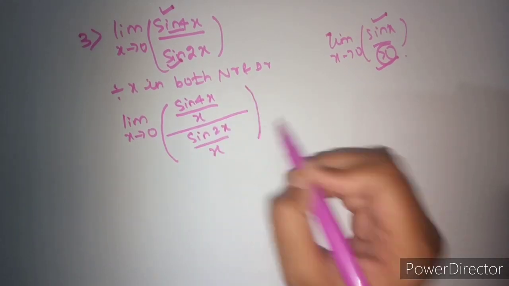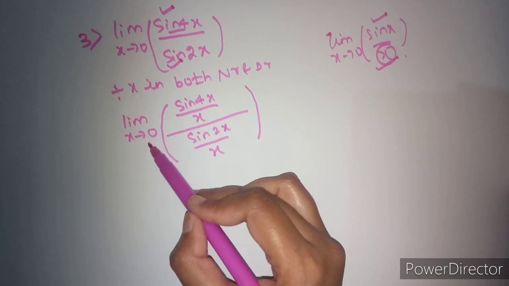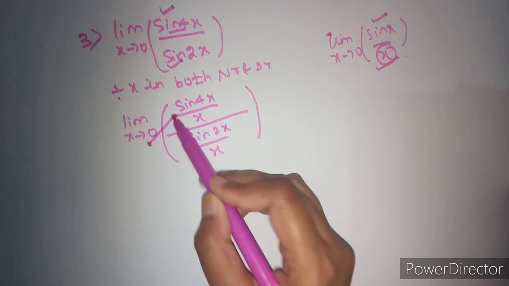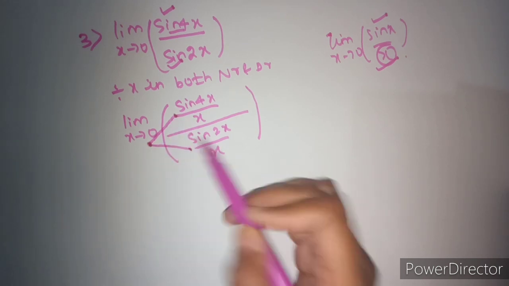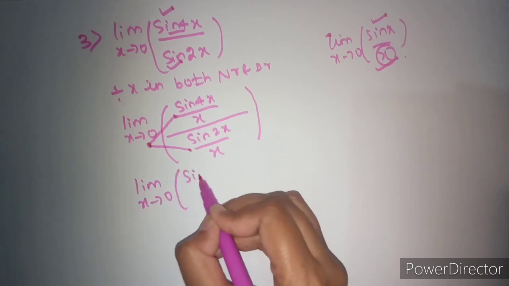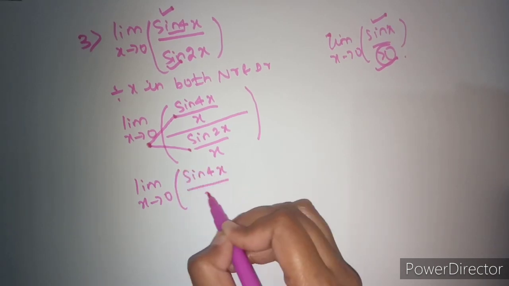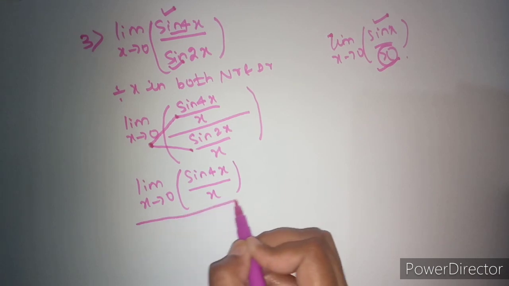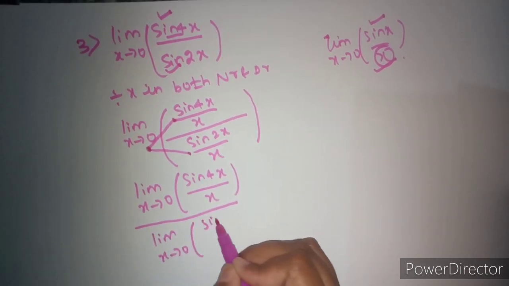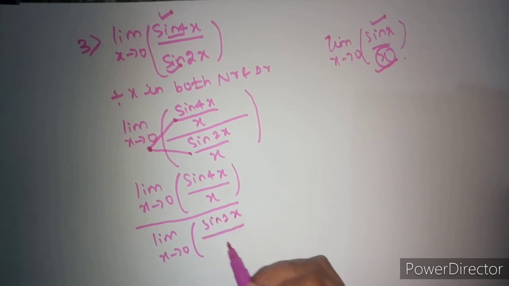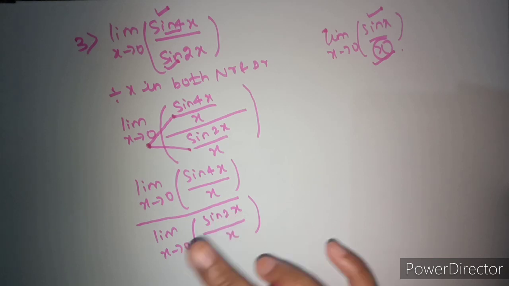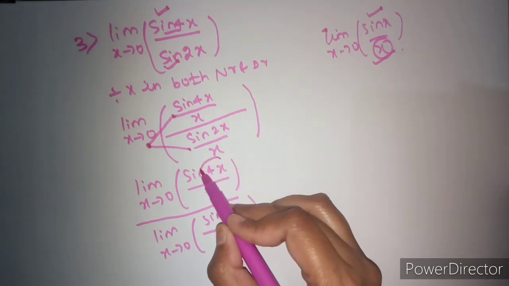Okay, now apply the limit separately. Use the division property here. Apply the limit first for this, again apply the limit for this one. Okay, limit x tends to 0, sin 4x by x, divided by limit x tends to 0, sin 2x by x. Okay, so what did I tell, what is the second condition? The same angle should be there, right?